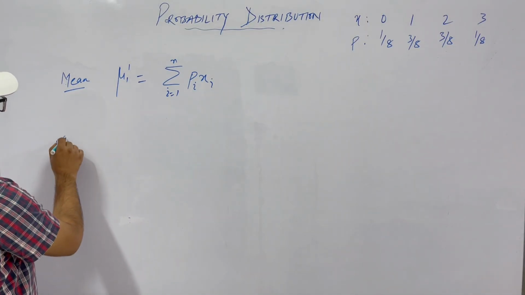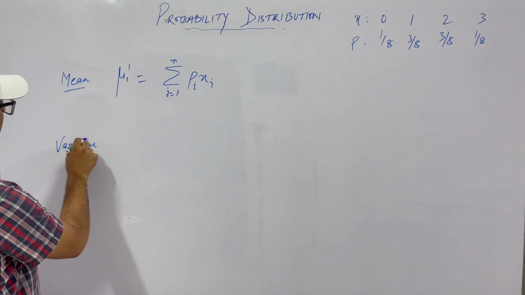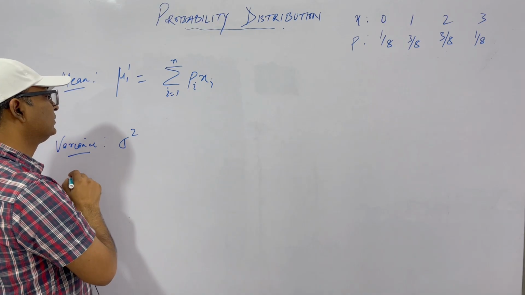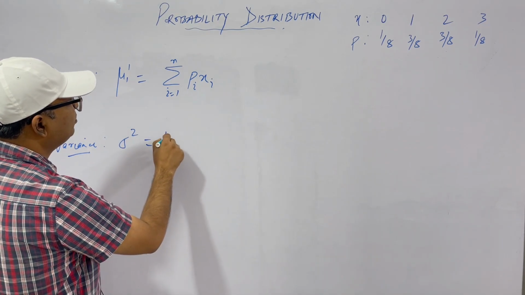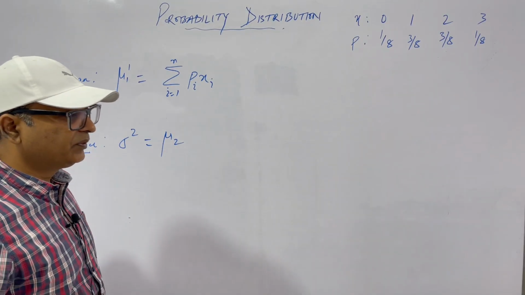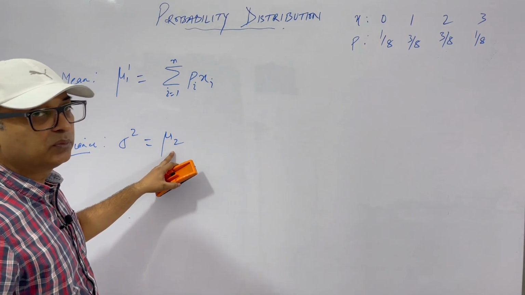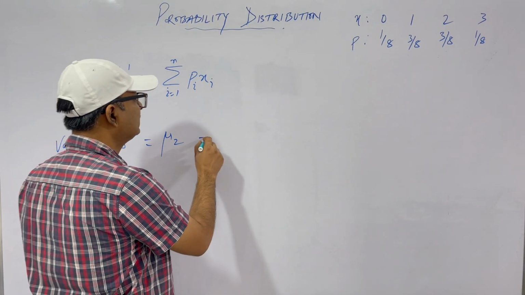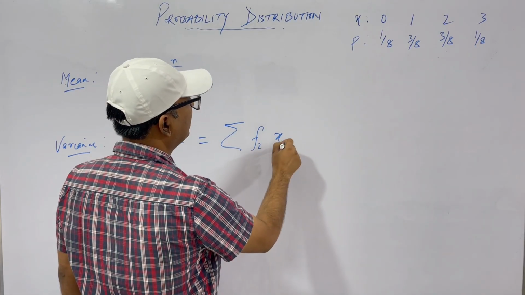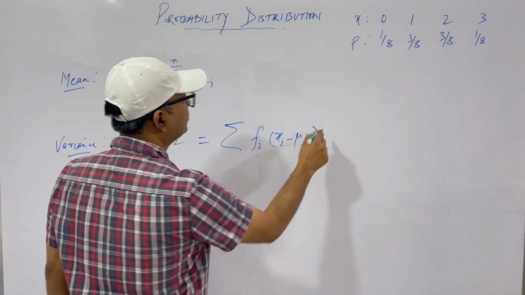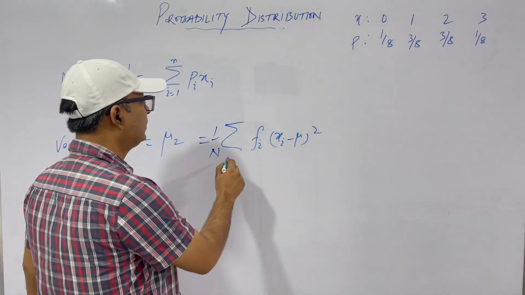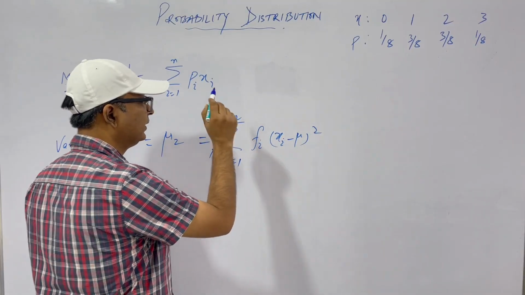Second thing is variance. Variance is given like this, and this is actually mu2. What is mu2? If you remember, mu2 is the second moment that we take. It is given as fi into xi minus the mean, squared, times 1 by n, i equal to 1 to n.